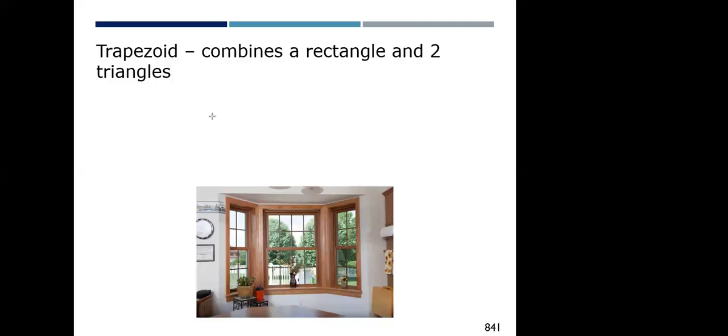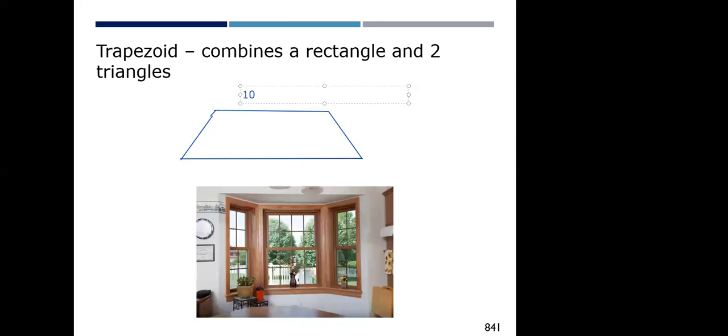For right now, though, we need to understand how a trapezoid would work. So we just took that bay window and we're going to blow it up a little bit where we can see it. If you guys will turn with me in the back of your book, we're going to take a field trip to the back of your book, and let's go back to page 841. We're going to look at this trapezoid on page 841 and talk about how we can measure it.